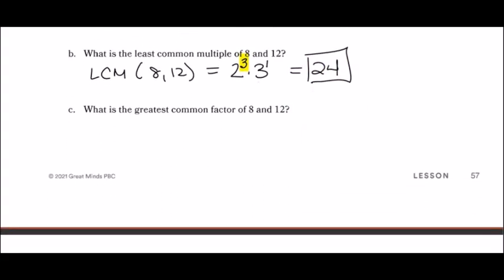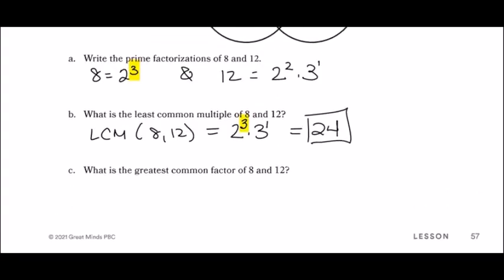The greatest common factor. Now, we did do this last week sometime. You can do it with primes as well. Here you only want to take the common bases. So the only common base that 8 and 12 have is 2. And then you want to take the lowest exponent.